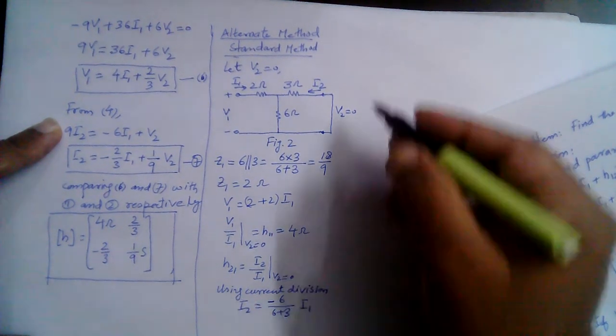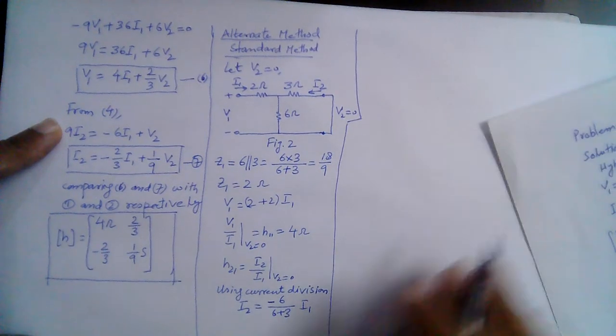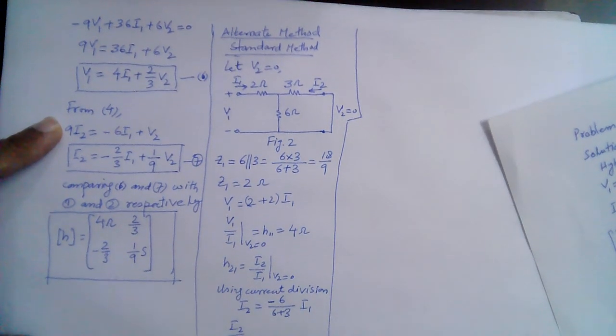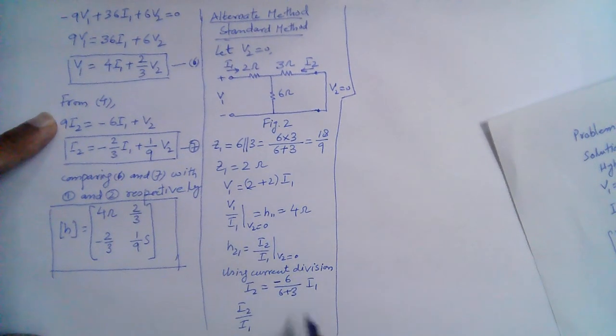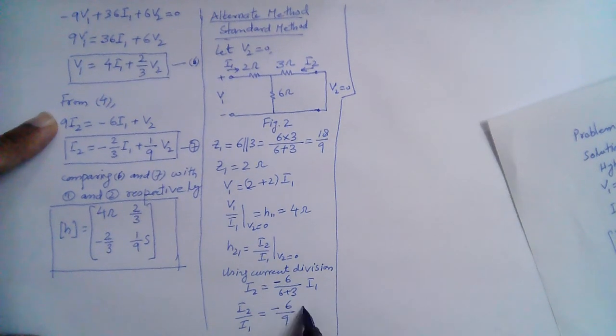So we can see I2 divided by I1 is equal to minus 6 over 9. This doesn't have a unit.